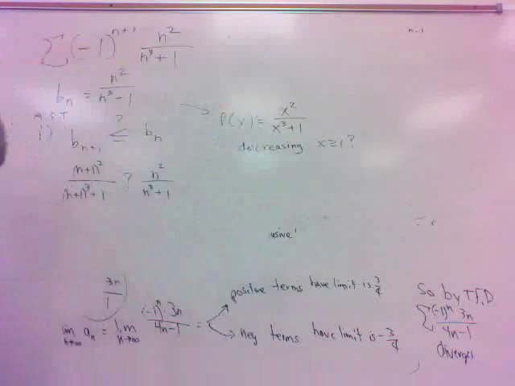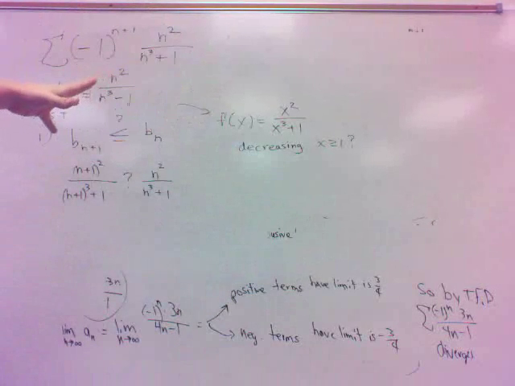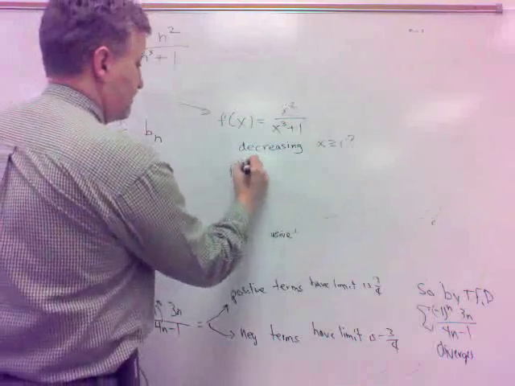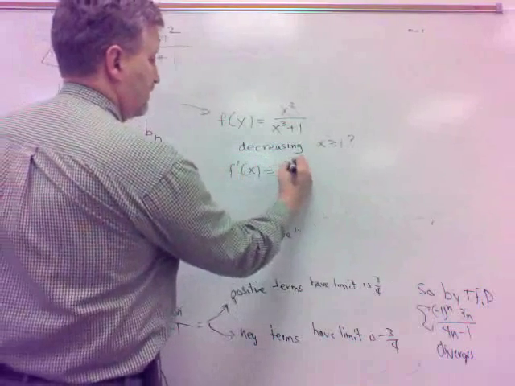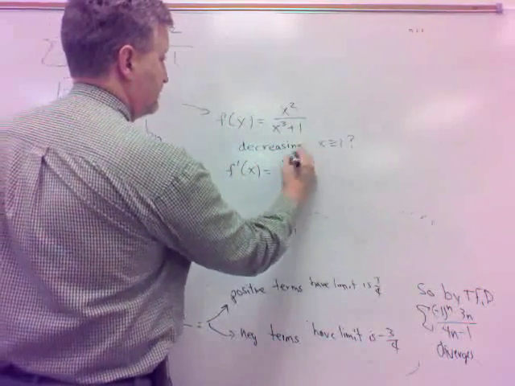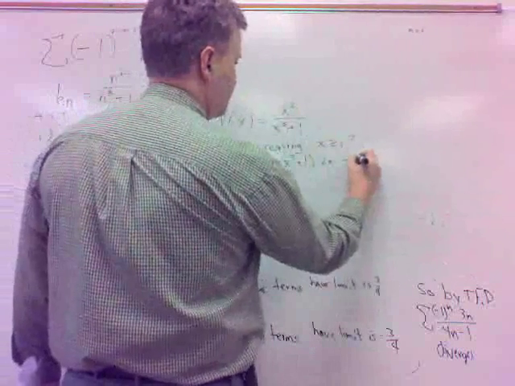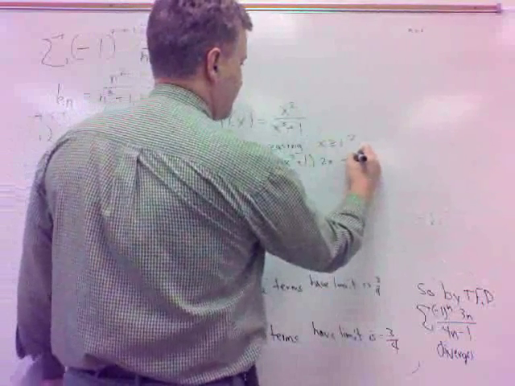The reason I put it in those terms is we can tell something about decreasing just by using the first derivative. Low d high minus high d low. It's not a real easy derivative, but it's not too bad.